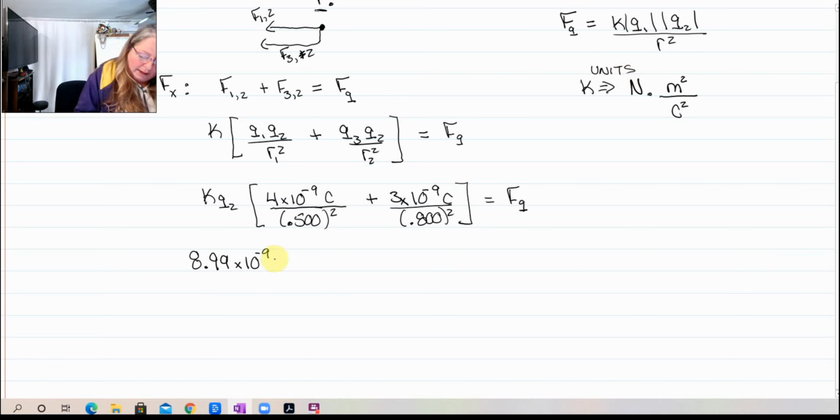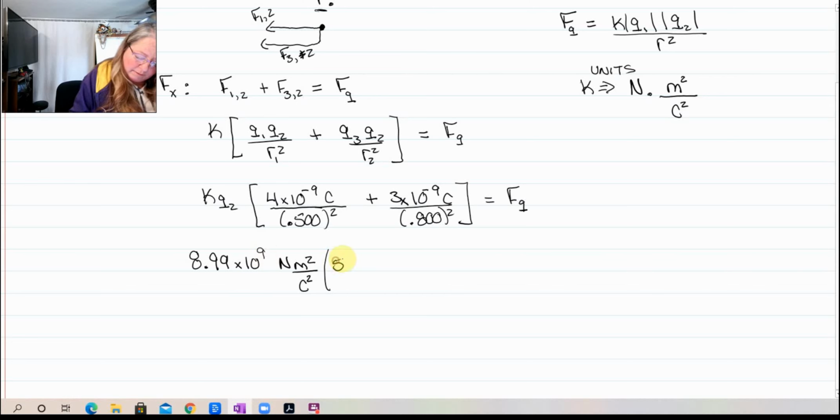So I have my K. We'll go ahead and write the units, why not? Meters squared over C squared times my Q2, which is, I've already forgotten, 5. Oops, not 10 to the negative 9, 10 to the 9. We got 10 to the 9.